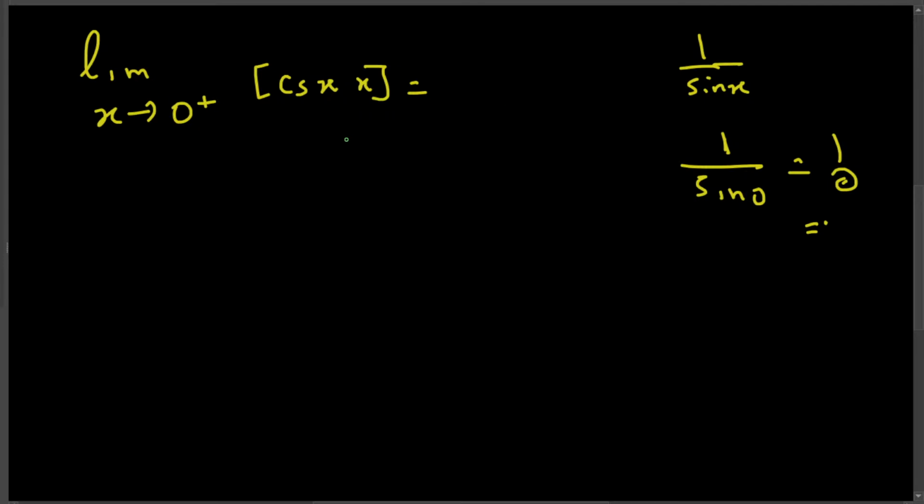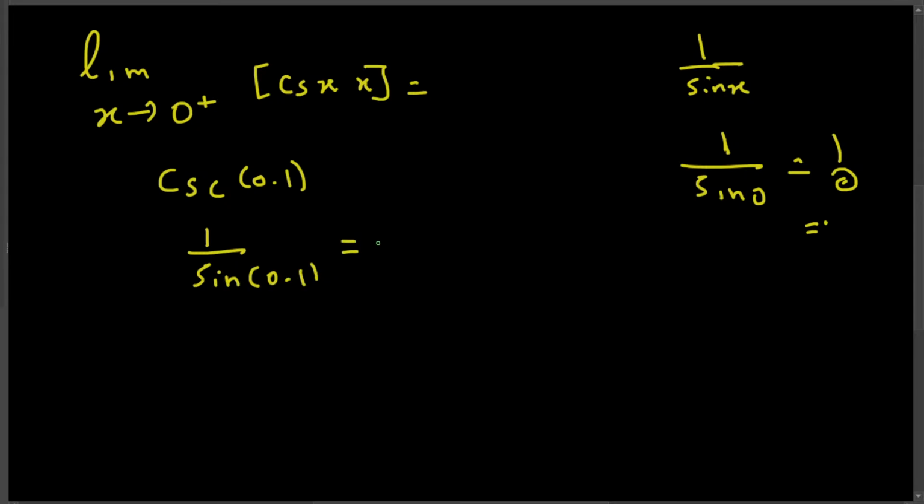We can take a value that is greater than 0 and close to 0. If I take cosec 0.1, that will work. That is 1 over sine 0.1.